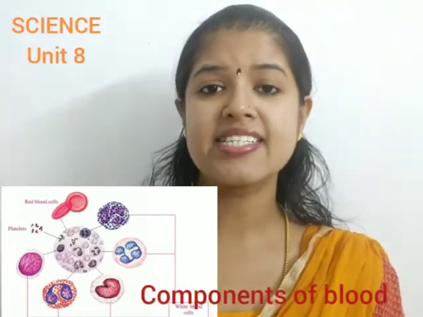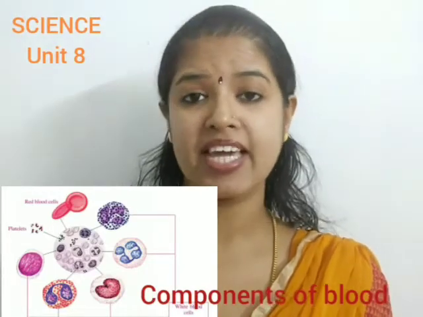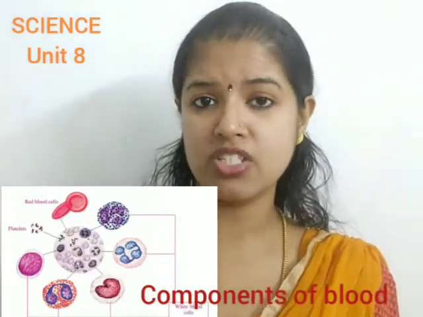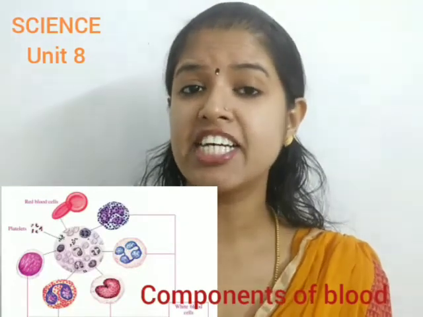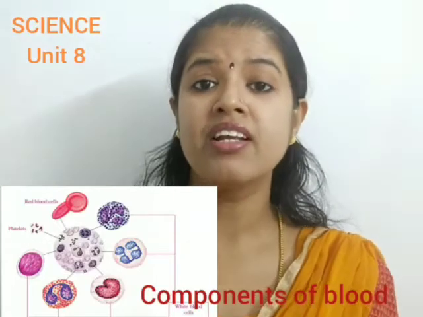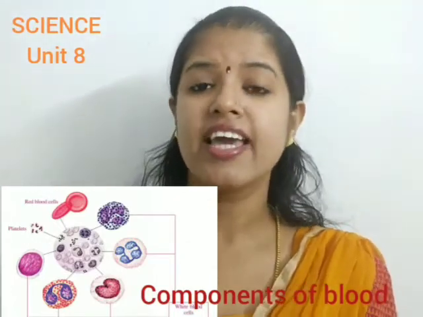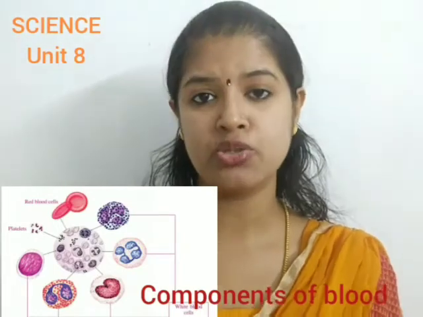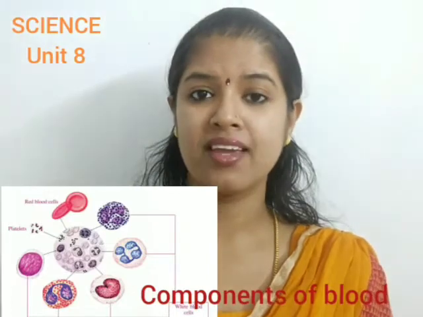White blood cells are just a defense mechanism. You know what they do, children? They fight with the germs that enter into our body, so that we will not get diseases, to some extent. So they take part in the defense mechanism.